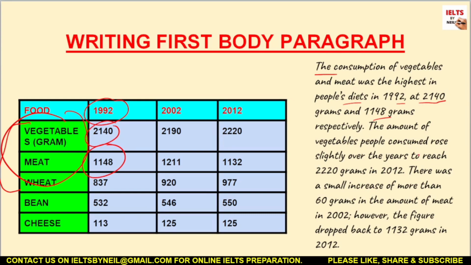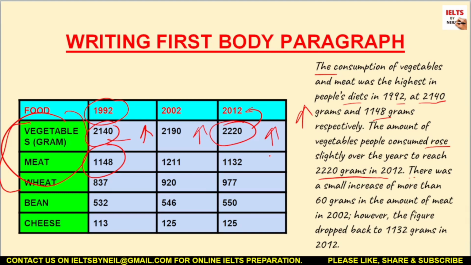The amount of vegetables people consumed rose slightly over the years to reach 2220 grams in 2012. It means the amount of vegetables actually increased here, and here, and finally reached 2220 grams in the year 2012. So we are done with vegetables.